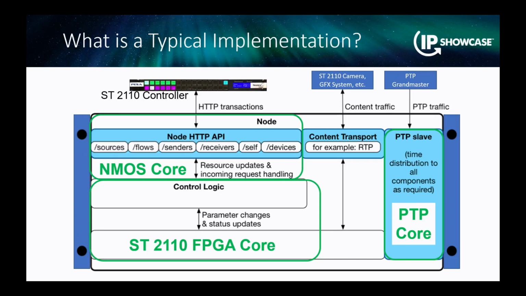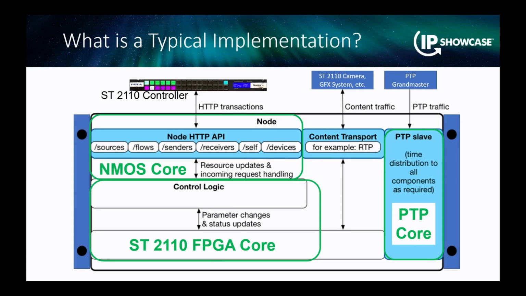Most of this is done in FPGA. It can be done in software, but typically it's done in FPGA. That's doing the stream management. And then on the far right, you've got the PTP, which gets your timing all lined up. And the piece we're really talking about today is the upper left, the NMOS core, which is a software core that our company provides in addition to the 2110 pieces.